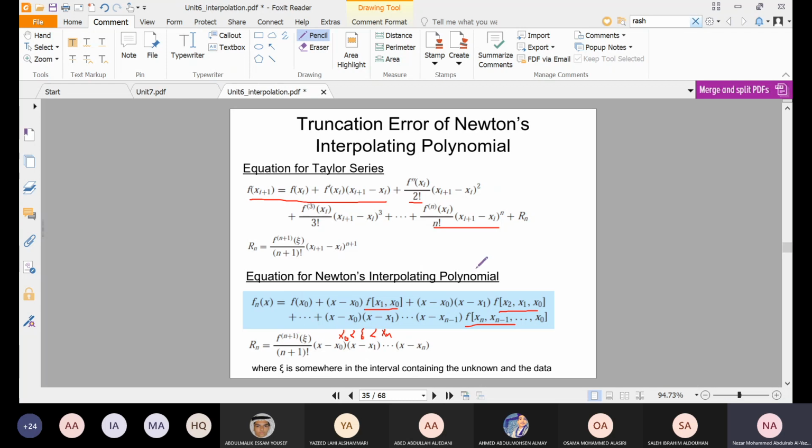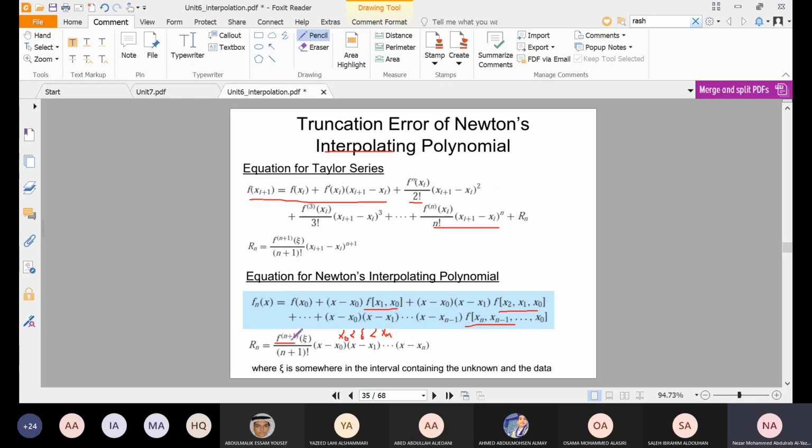But the problem here is that in an interpolation polynomial we have the function in terms of data points only. So most of the time the function is unknown to us. If the function is unknown, how will I take its derivative?